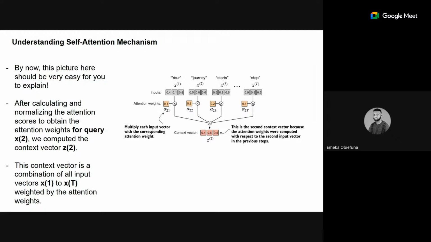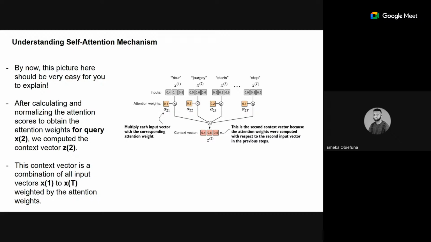Based on what I've explained so far, when you look at this picture here, it should start looking customer friendly by now. Remember that we started by breaking down these values into an input vector, which you are seeing here. The first token corresponds to this input vector, and the embedding size here is 3.